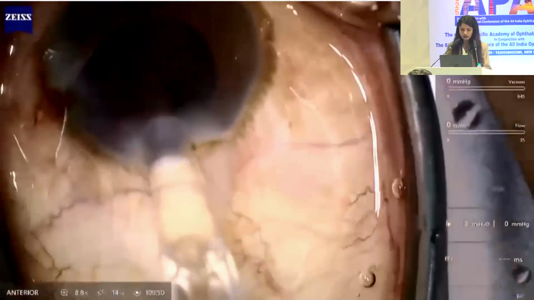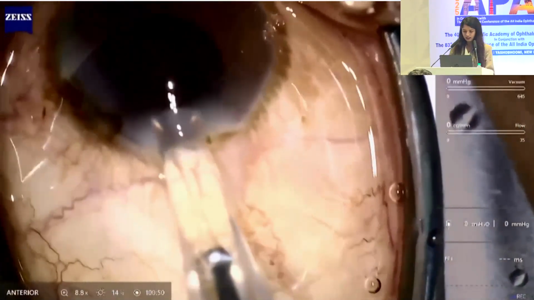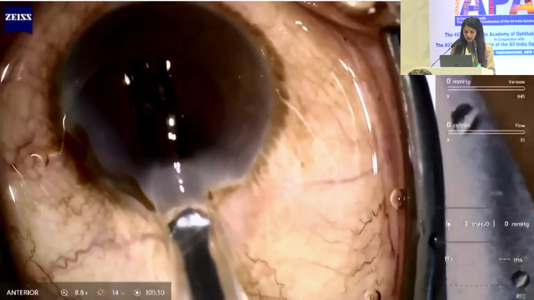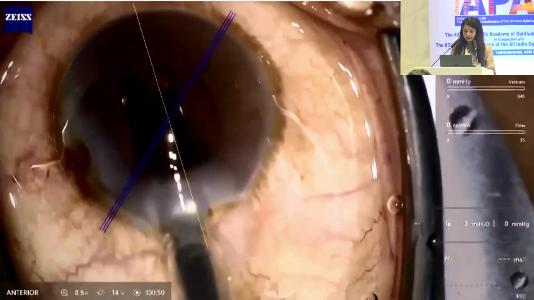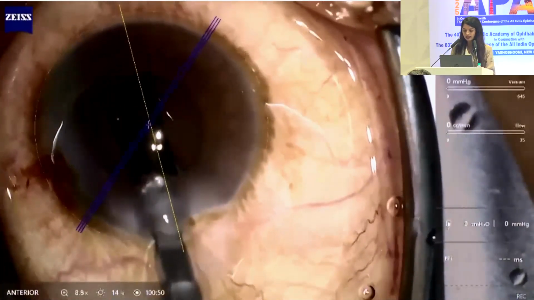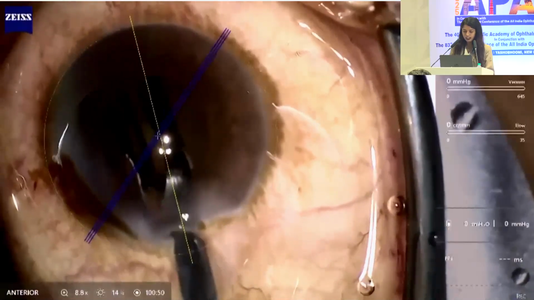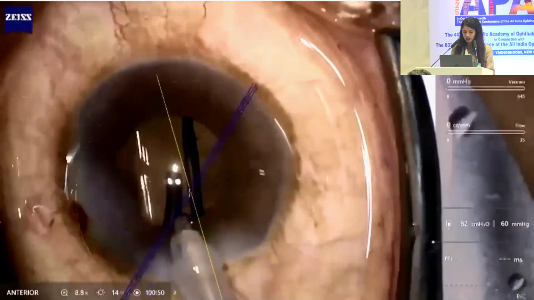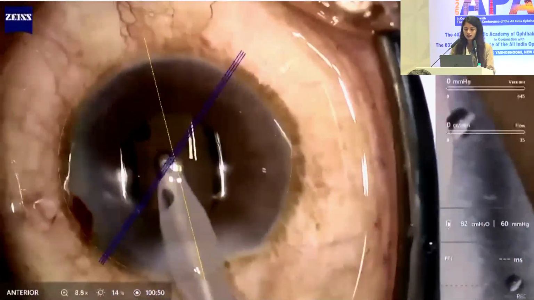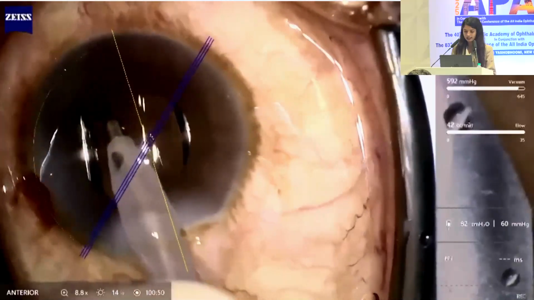Toric IOL is being injected. These three blue lines are the Z align of the Callisto, and we have to match the toric marks on the intraocular lens with these blue Z lines.